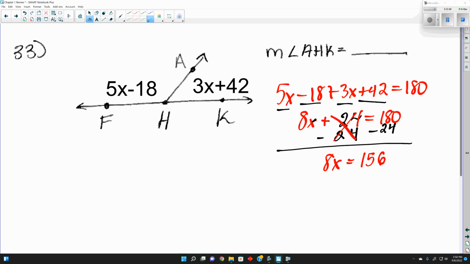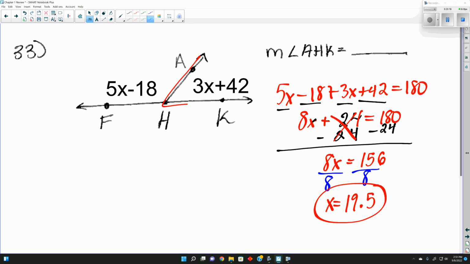And last but not least, we divide both sides by 8. And x is equal to 19 point what? 5. So the answers don't have to come out to be whole numbers. And that's not the answer because it asks for what? Angle AHK.